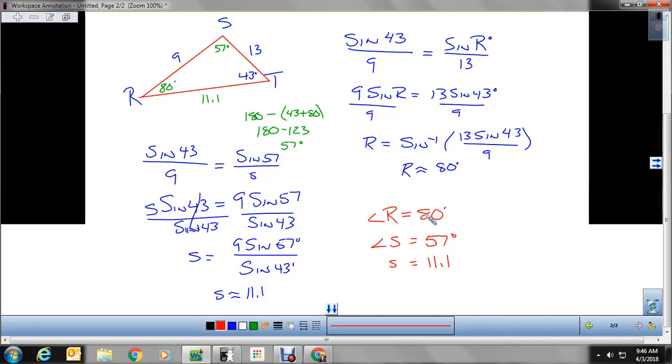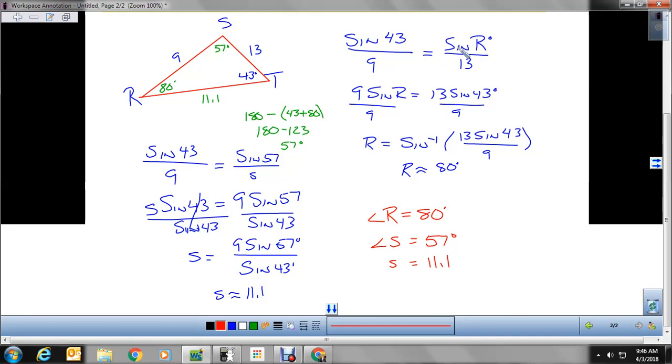You should have gotten the answer for angle R is 80, angle S is 57, and side S is 11.1. We start by writing in the information that we were given, and since we were given the angle T and the side across from it, we're going to use this as our given ratio for both of our trig functions.